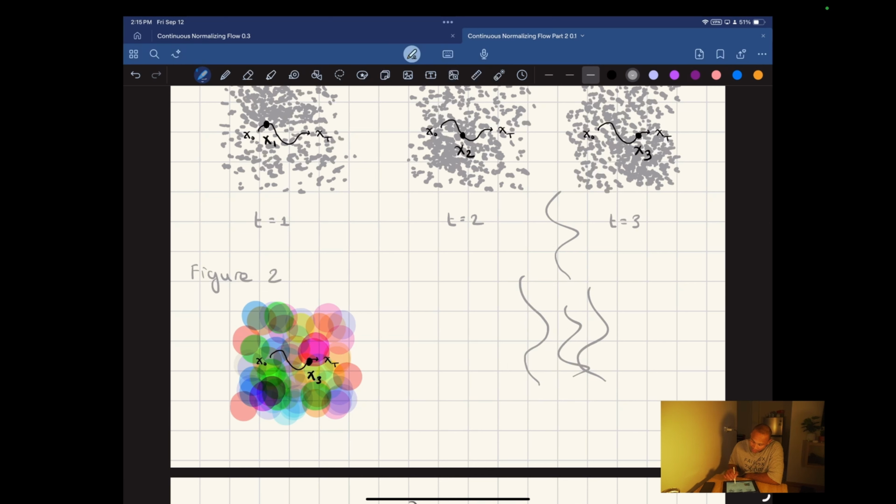In some places it's a bit sparse, but in other places it's really dense, right?